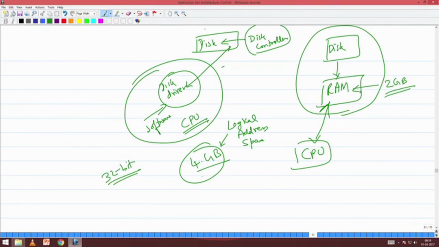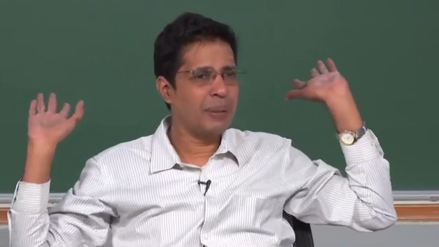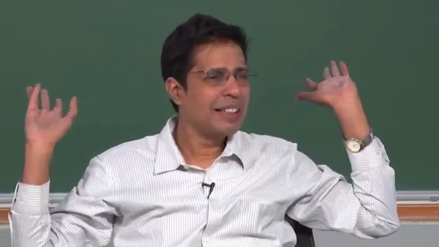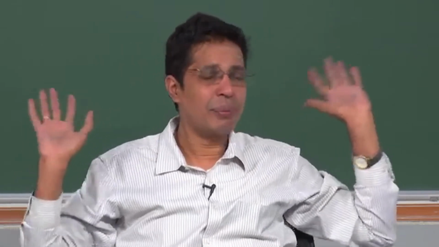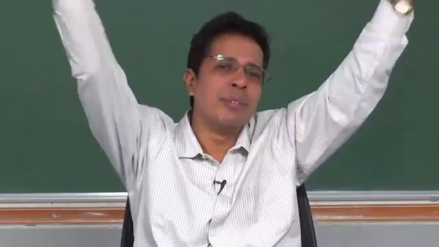So as far as the architecture goes with respect to the programmer, I say I am giving you 4 GB irrespective of whatever I have. I may have 2 GB, I can have 128 KB, I could have 1 MB, whatever physical memory, but I tell the programmer, hey, I am giving you 4 GB.